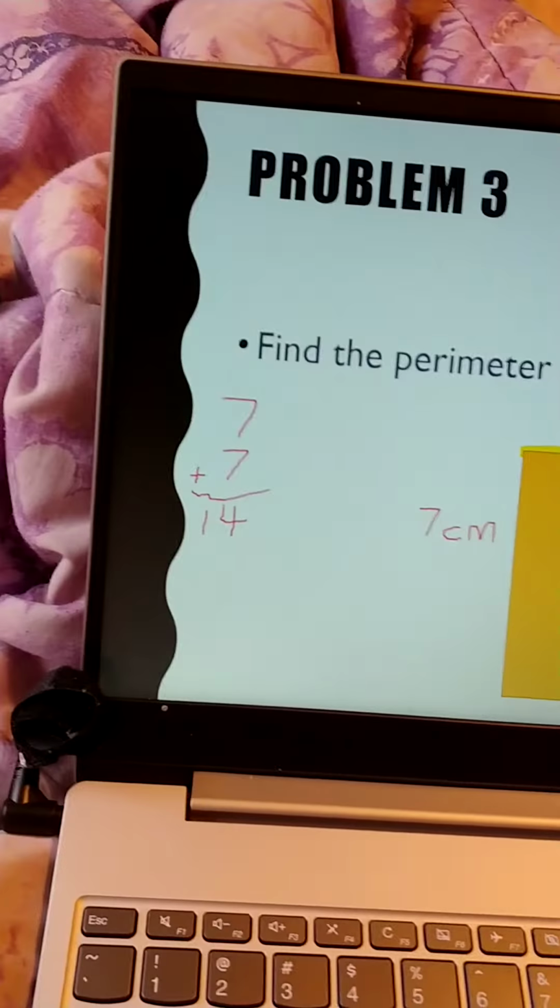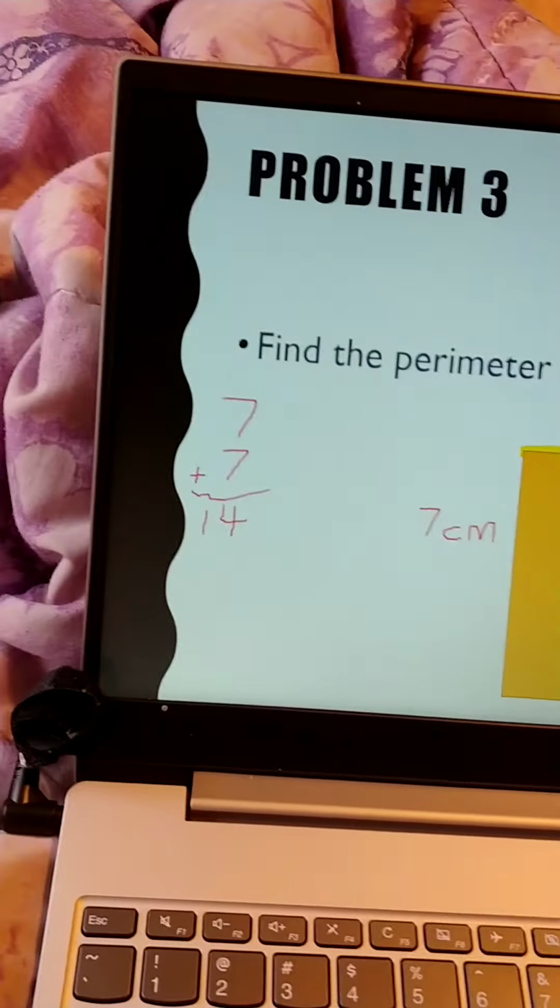Now remember, squares have 4 equal sides, which means all 4 sides are 7 centimeters long. So, all right, 7 cm right here. 7 cm.